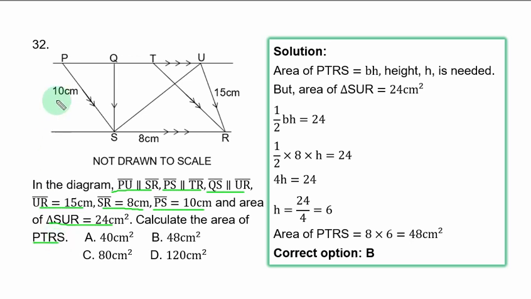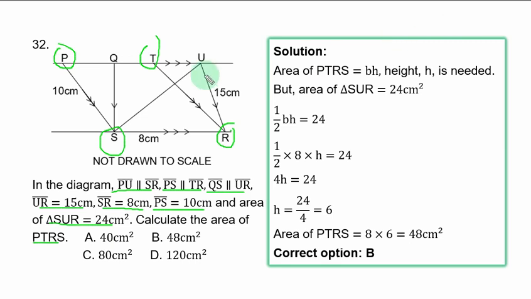PTRS is a parallelogram, and the area of a parallelogram is the base times height. The height is needed before the area can be obtained.